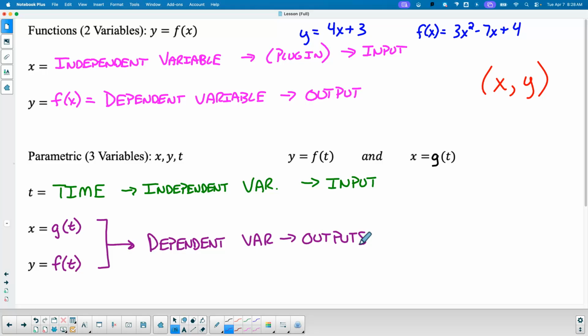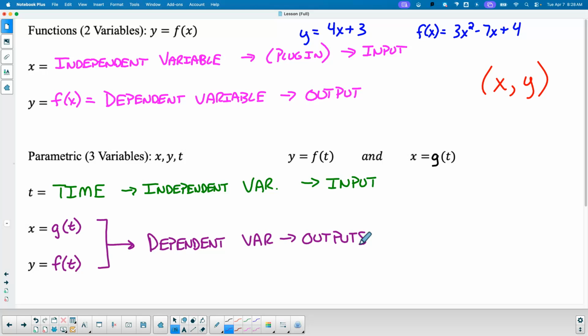So you have to take your t value and plug it into the function for x to get the x part of the point that you're going to plot. Then you have to take that same t value and plug it into the y function and get out that number, and that's going to be the y part.